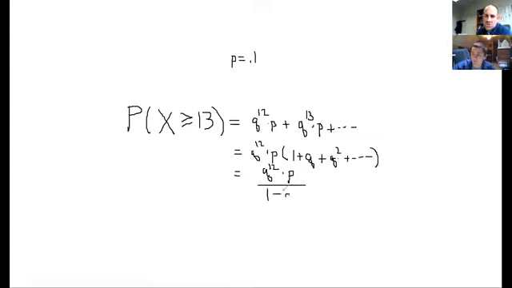But do you understand? 1 minus q is just p, right? So what happens to the p's? The p's just cancel out. And so you just end up with q to the 12th, which is just 0.9 to the 12th.